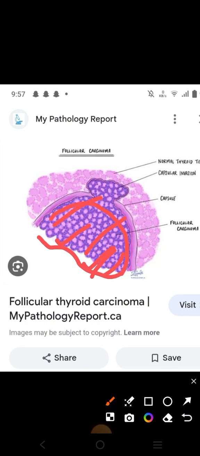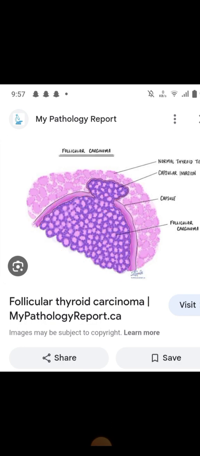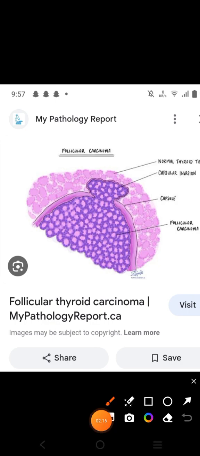You will say with confirmation whether it is adenoma or carcinoma after seeing this capsule. If this capsule is intact, or this tumor is not invading the capsule, you must say that it is adenoma. But as in this picture, this tumor is invading the capsule, which is not intact now, so you can say that it is follicular carcinoma.